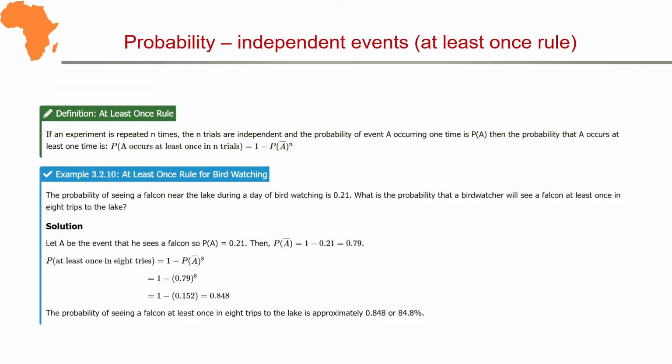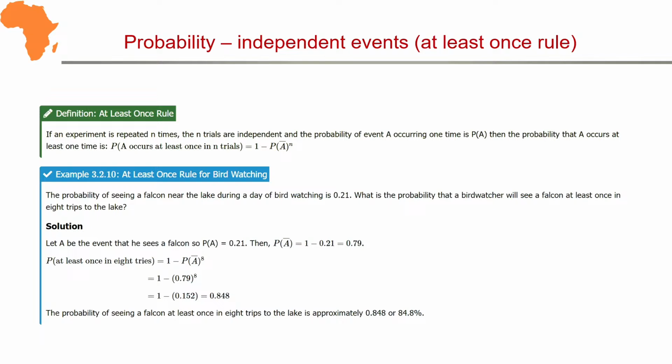They are independent trials, 1, 2, 3 to 9. The probability of event A occurring, heads, then the probability that A occurs at least one time. You want the heads out of 9 flips. The probability that A occurs at least once in n trials is 1 minus the probability of not A raised to the number of trials.